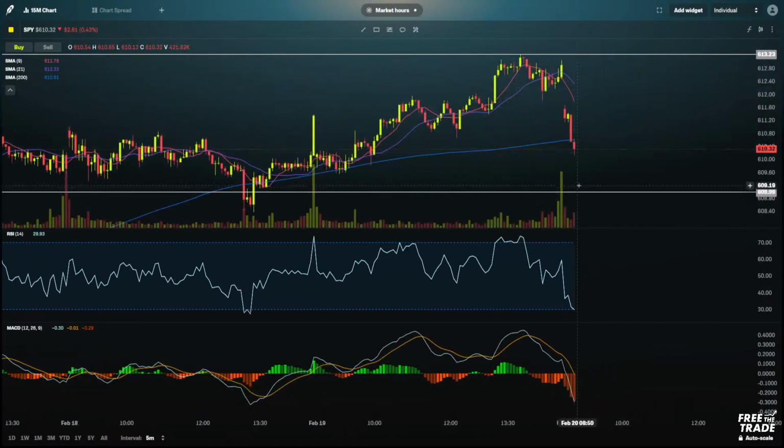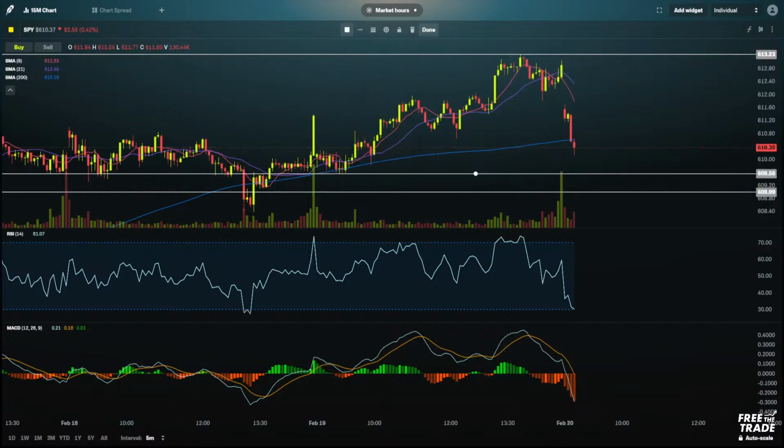We're looking at a 608.99, so about a 609, or maybe a 609.55, is where we're expecting a potential support somewhere around here. So I'm going to mark that too. Somewhere around here is where we're expecting that pullback.